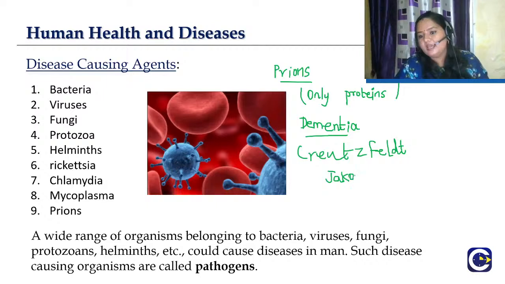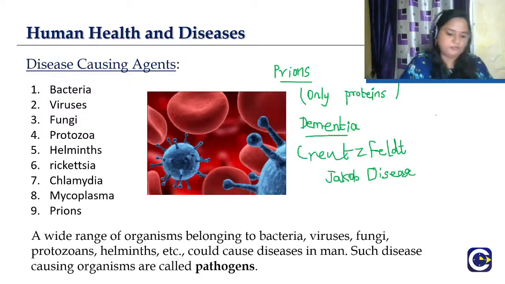Creutzfeldt-Jakob disease is a classic disease developed by a prion, and the major symptom is dementia, and obviously it will lead to death. Okay, so try to complete the table.